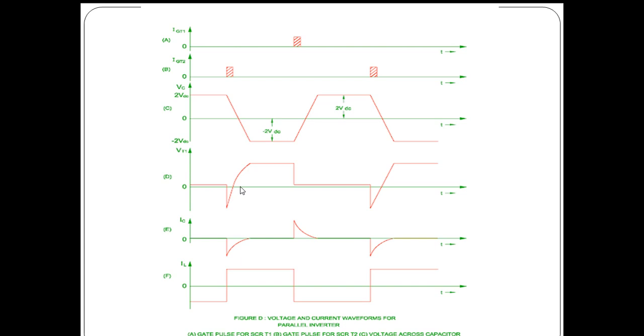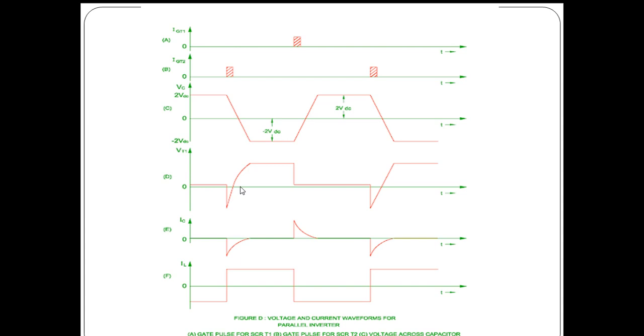Mainly in the series inverter, the commutating components L and C are permanently connected in series with the load. That's why it is called a series inverter.